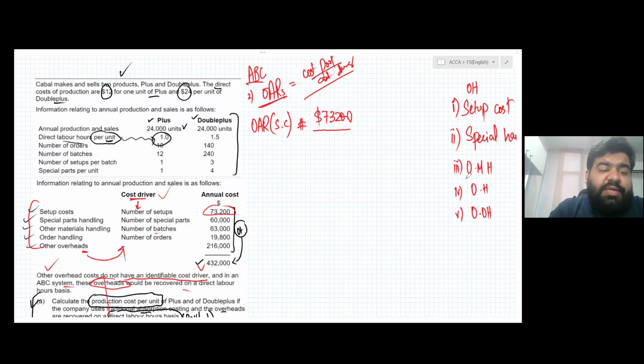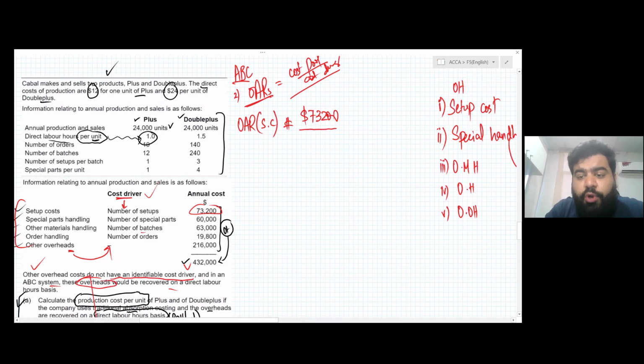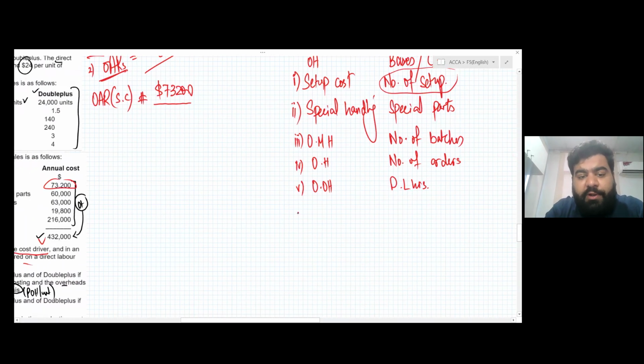So what we were saying is that for setups per batch, whether there are 12 batches or 240 batches, first we have to calculate total setups, because we can't just write 3 plus 1 is 4 and write 4 here. No, it would calculate wrong. So I am going to write here working one, number of setups for plus and double plus.